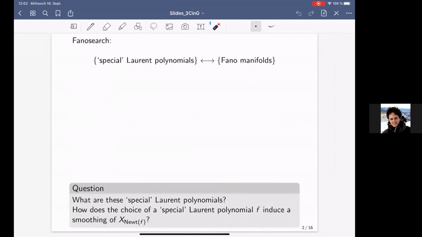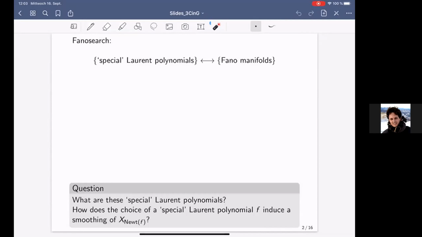Okay. So I just want to start by saying what is the Fano search project, and probably also what is a part of 3CinG, which is basically a mirror symmetric correspondence between Fano manifolds, so smooth Fano varieties of dimension n, or maybe Fano varieties with terminal singularities, and on the other hand, this kind of special Laurent polynomials.